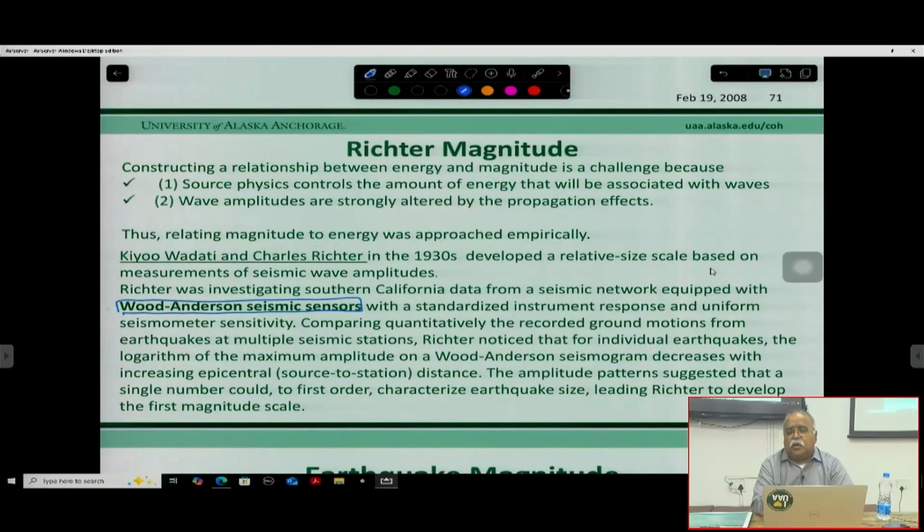So from station to station, if you plot all the amplitude values, he found that it decreases with the distance.